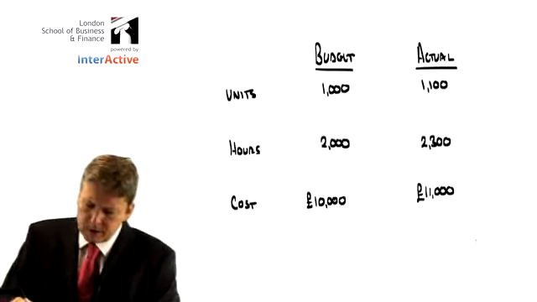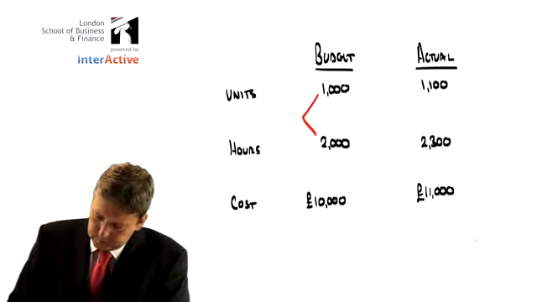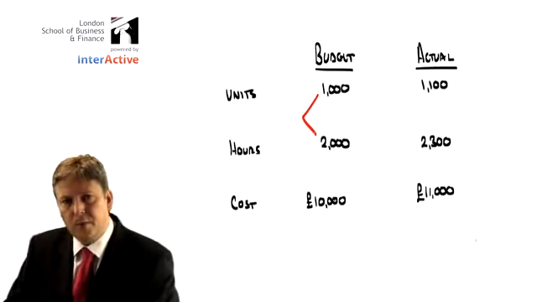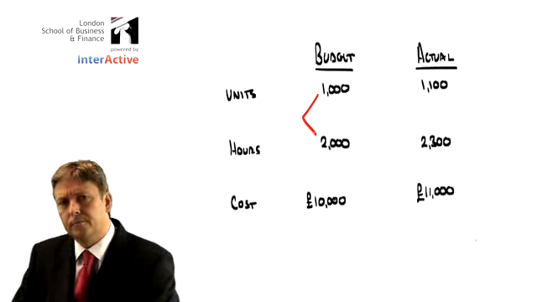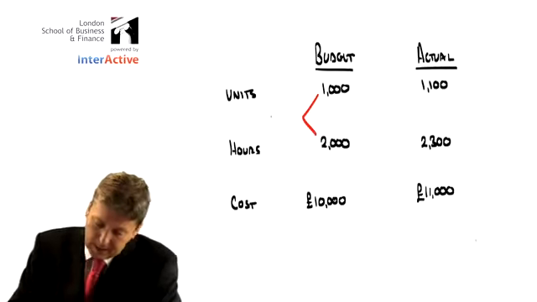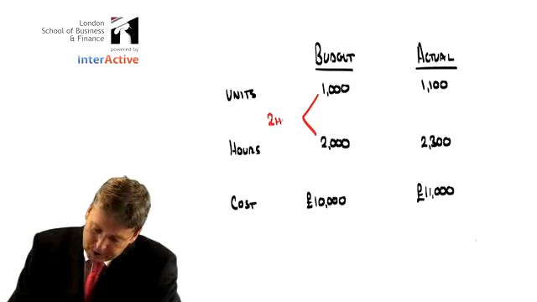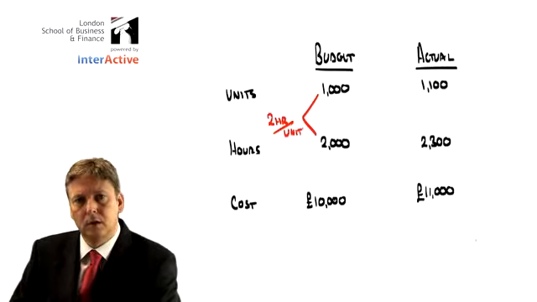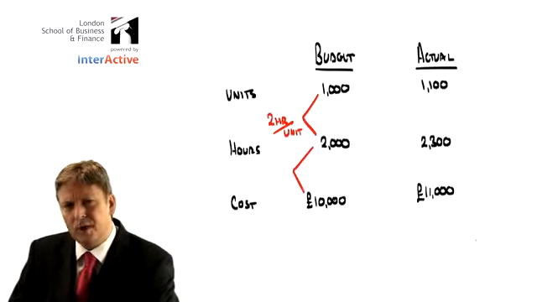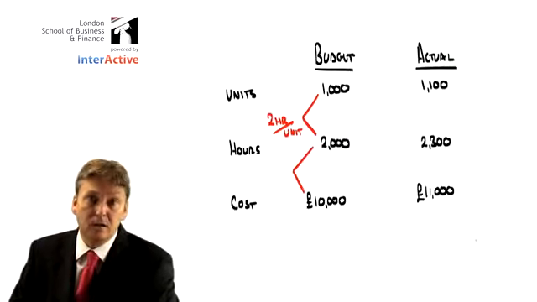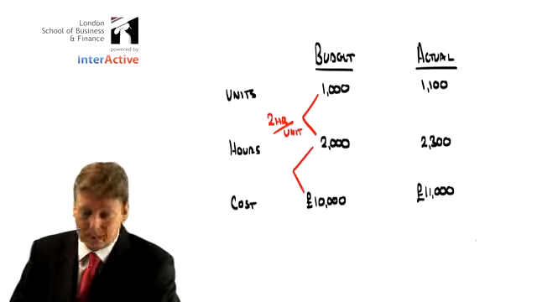So, if we were to look at the budgeted units and the budgeted hours, what piece of information could we pick out? Well, yes. Couldn't we say that the standard efficiency is 2 hours per unit? And if we were to look at the hours and the cost, what could we also identify? Well, yes, we could get our standard fixed overhead absorption rate.